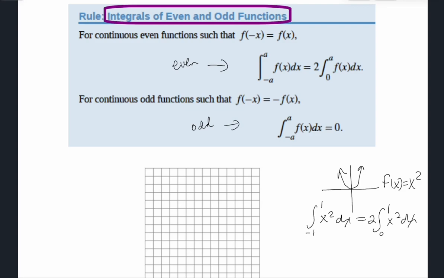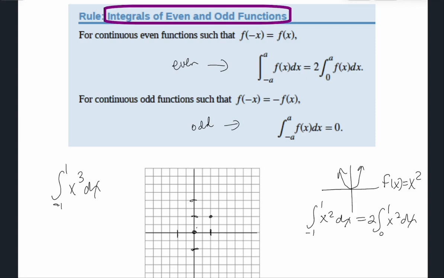let's say our cubic function. I'll draw that on the graph paper since I actually provided some graph paper. Let's say that we go from -1 to 1 of x cubed.